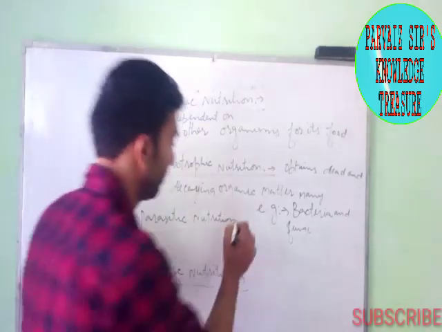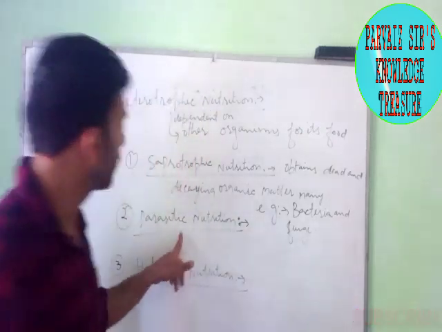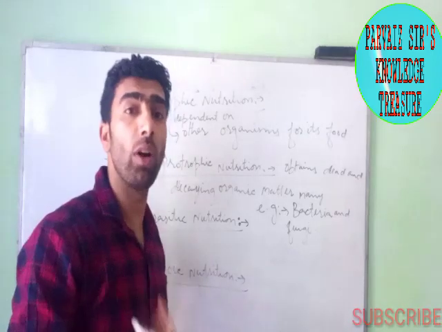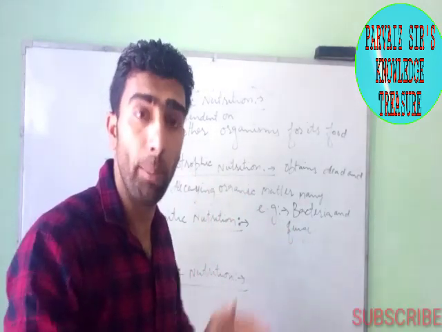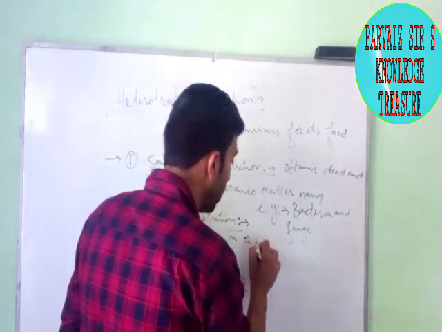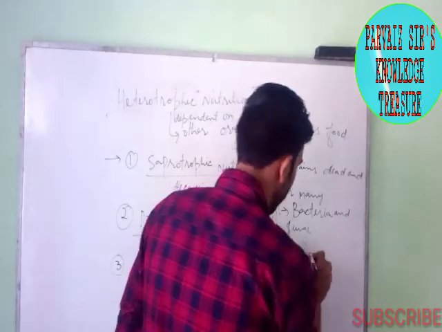Parasitic nutrition. In this type of nutrition, an organism obtains its food from another living organism by living in or on the body of the other organism.